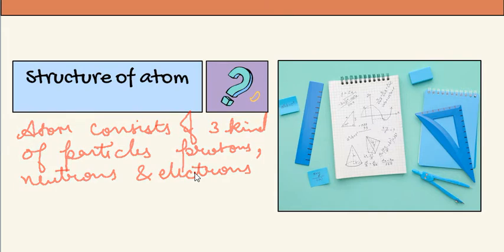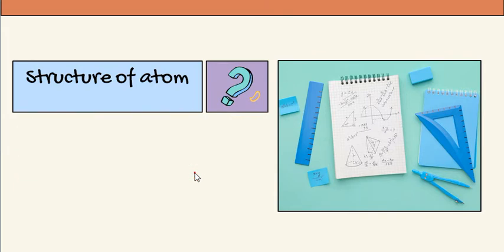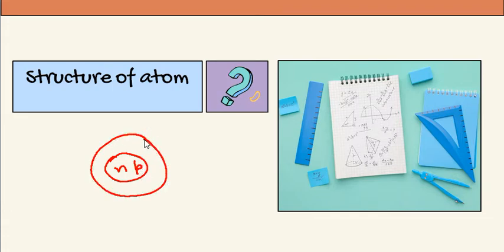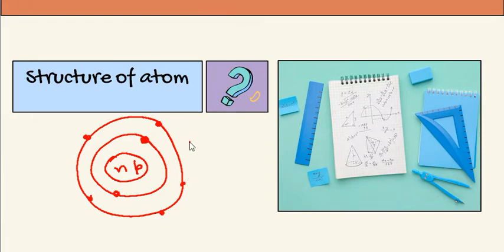Protons and neutrons reside inside the nucleus, while electrons revolve around the nucleus in stationary orbits. See, inside the nucleus, neutrons and protons are there, but electrons revolve around the nucleus in stationary orbits, like this.